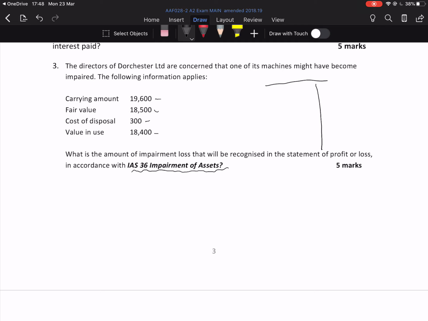So in essence, we've got this asset sat in our statement of financial position, and it's valued at 19,600. Okay, but we know that's not what it's worth, because there could be something wrong with it. So what we do is we need to identify what we call the recoverable amount. Recoverable amount.